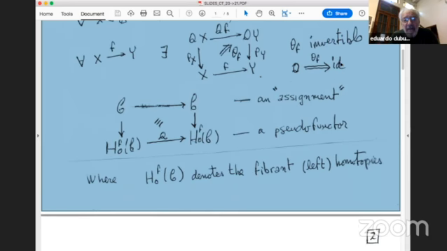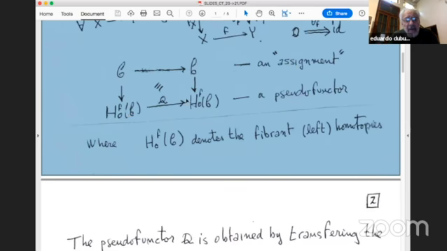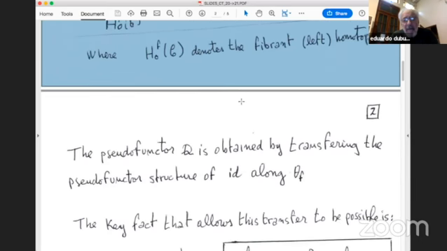So we transfer the pseudo-functor structure of the identity into Q, and this will give you the pseudo-functor Q. But the correct generality is for lax functors. In my opinion, pseudo-functors always have the direction of the two cells, even if they are invertible, put in evidence. So they are just like lax functors with an additional property.